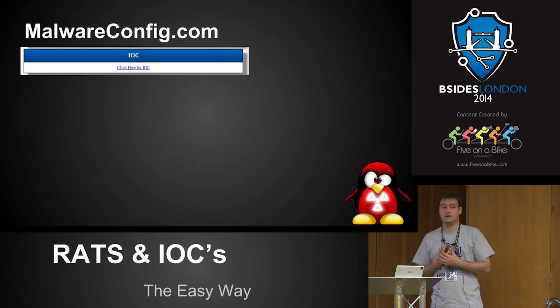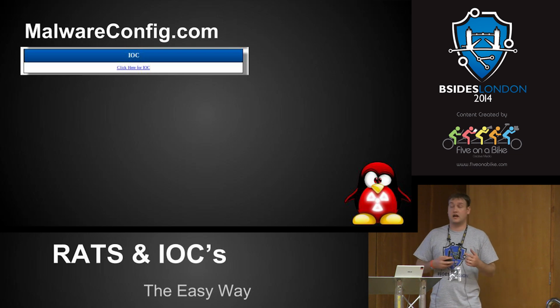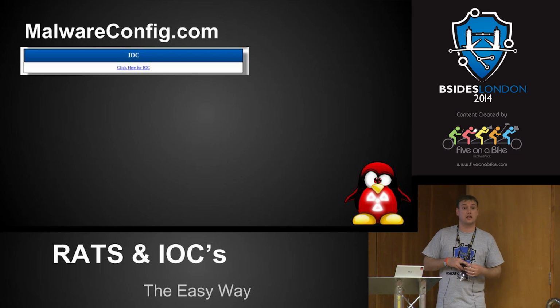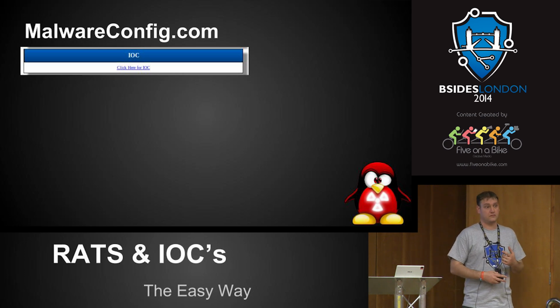And as we said before, you can pull out IOC files, so you can natively just pull these IOCs. The IOC format being used at the minute is Mandiant FireEye's Open IOC format. So if you think you've been infected with one of these RATs, you push it up to malware config, you download the IOC file.